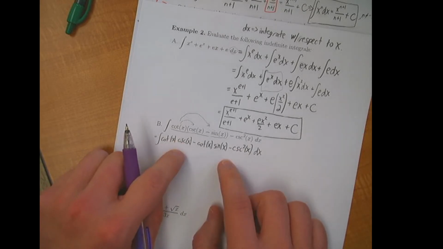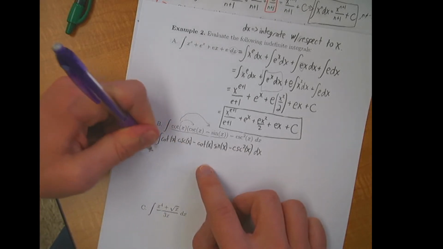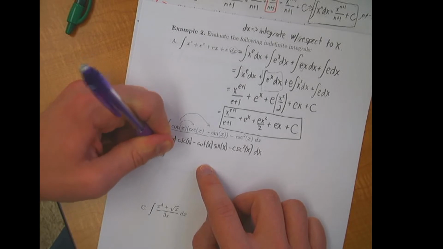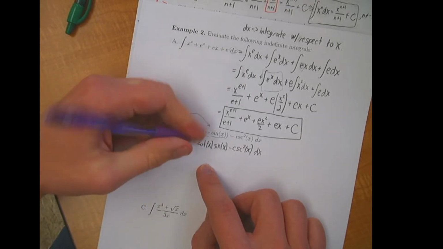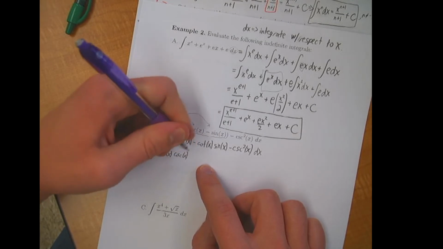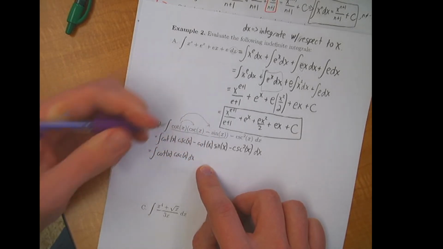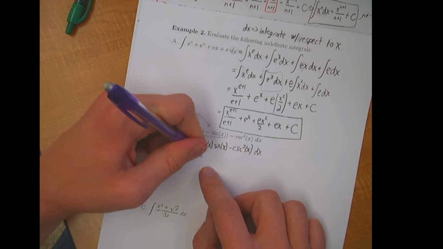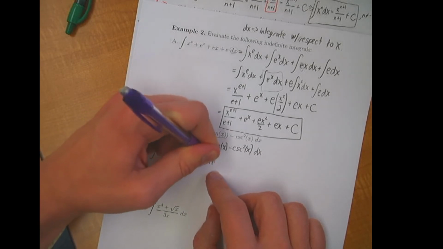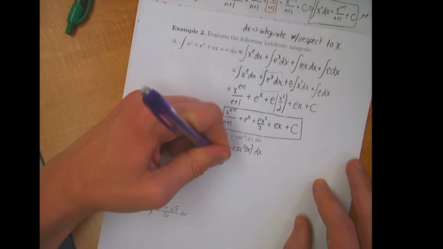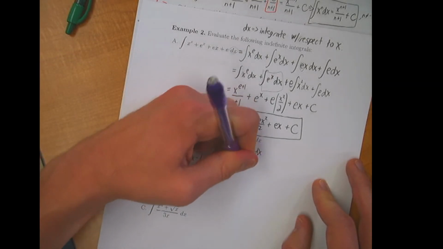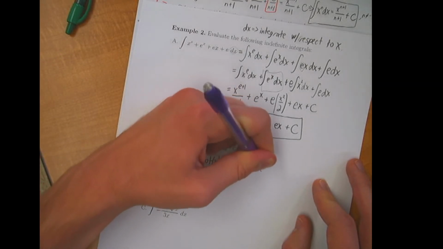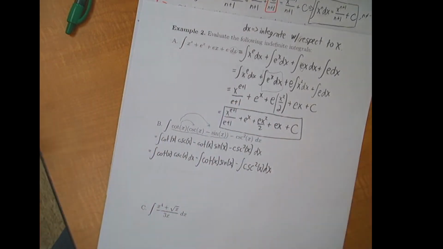So if we do that, we say, all right, we have the integral of cotangent of x times cosecant of x, okay, and then minus the integral of cotangent of x times sine of x minus the integral of cosecant squared of x dx. Okay?